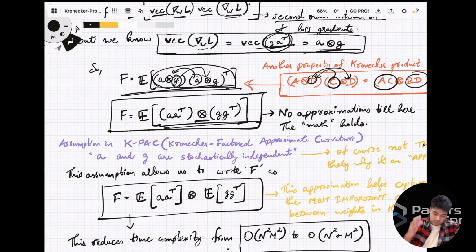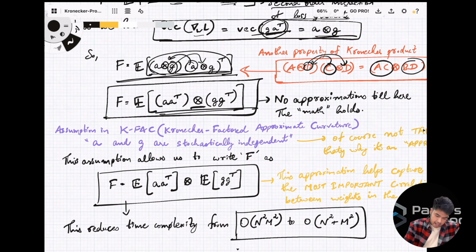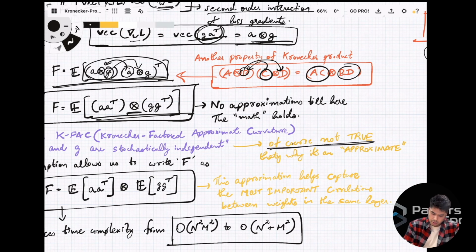Now is where the assumption comes in, right? So the assumption in KFAC, or Kronecker factorized approximate curvature, is that A and G are stochastically independent. Which is not true, of course. Mathematically, it's not true, but that's why it's an approximation.